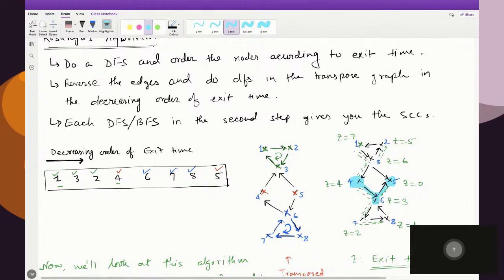So is 4, 6, and 5 a strongly connected graph? No, it is not. In fact, it will visit 7, 8, and 6, like all of this. So is this a strongly connected component? No, this is not a strongly connected component, right? Because it visits many other nodes also. I hope this makes things clear.